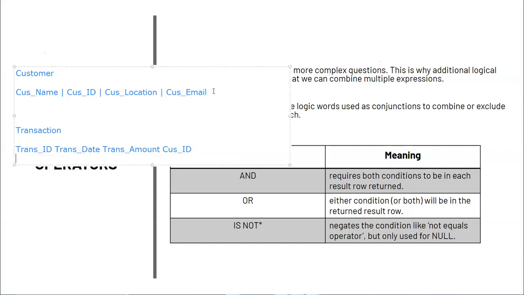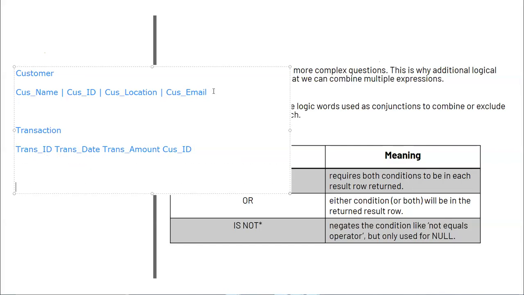Now, the type of question I could ask from this is, I want the name of every customer that transacted 5 million naira. Let me write this now.